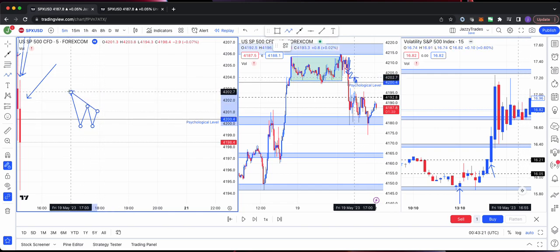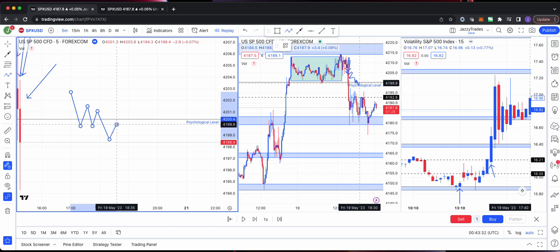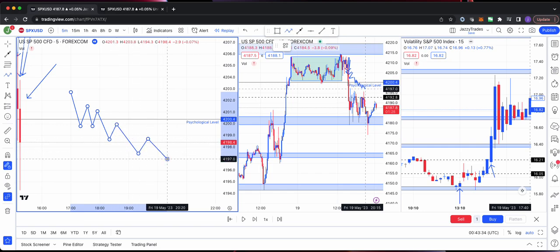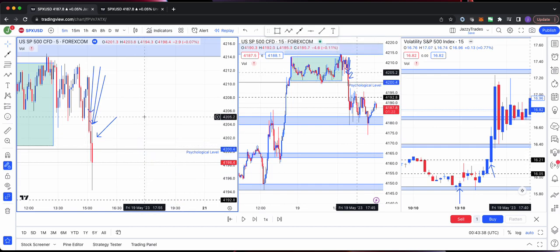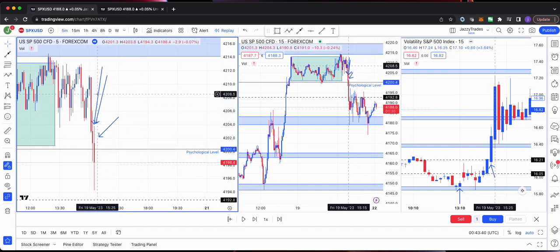What is it forming here? Higher high, lower high, lower low. Lower high. So close below, form a lower high, and boom. Okay. It may seem complicated, guys, when I talk about it, but when you see what I just said, it actually happened. Look.